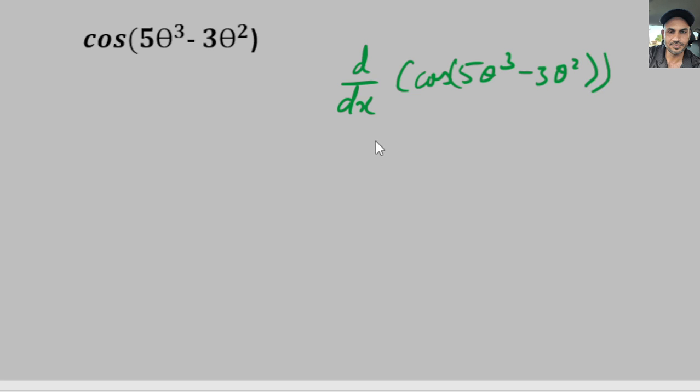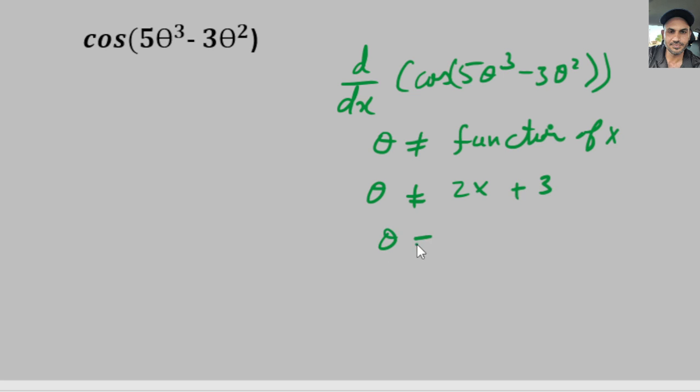As long as theta is not a function of x, meaning theta cannot be written as something like 2x plus 3, or x squared plus 2x, or the square root of x, or any form that contains x in it, we can treat it as a constant.